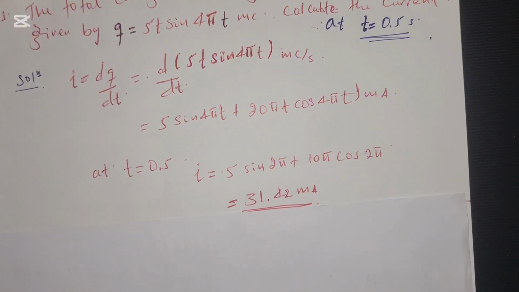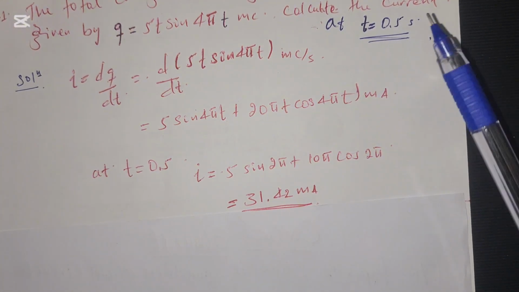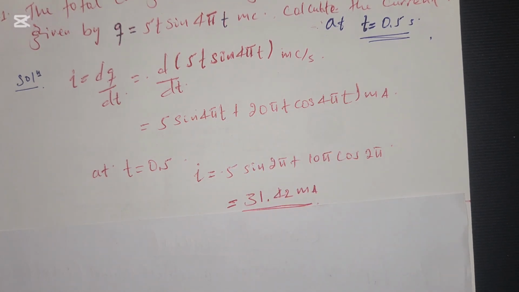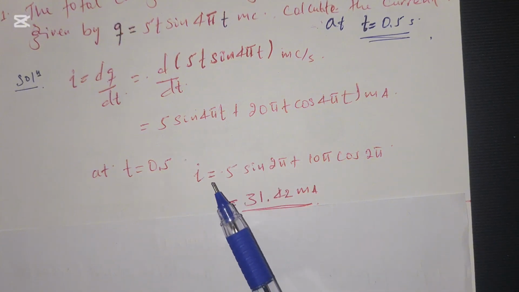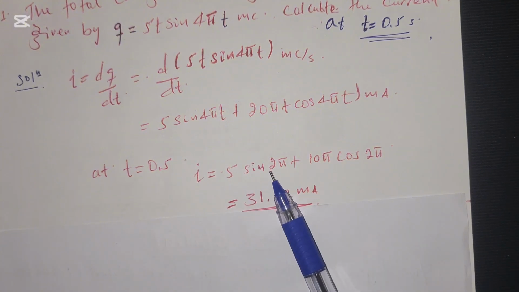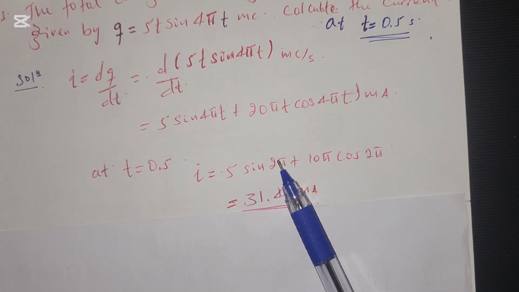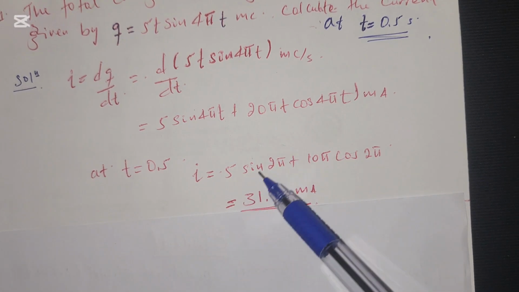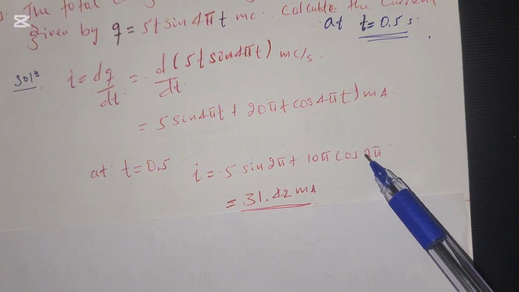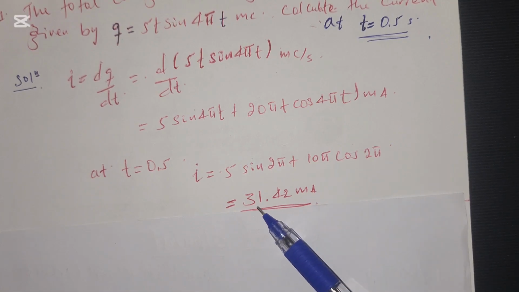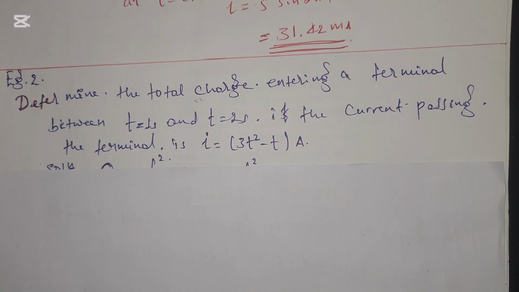Simply inserting 0.5 in t gives us 5 sine 2 pi plus 10 pi cos 2 pi. The first term is 0, and 10 pi cos 2 pi gives us 31.42 milliampere.